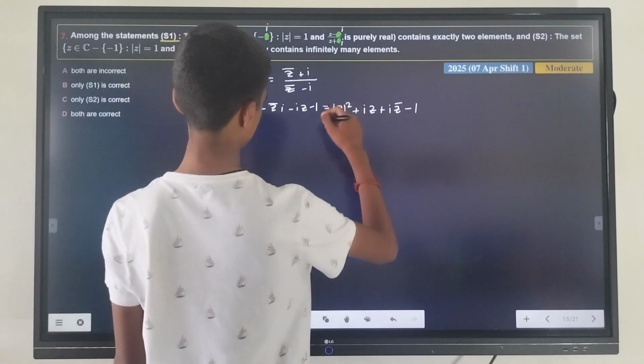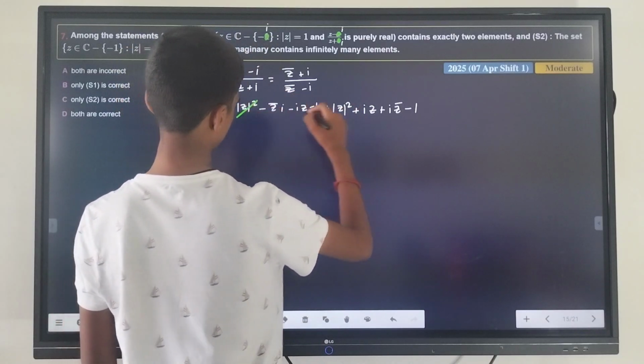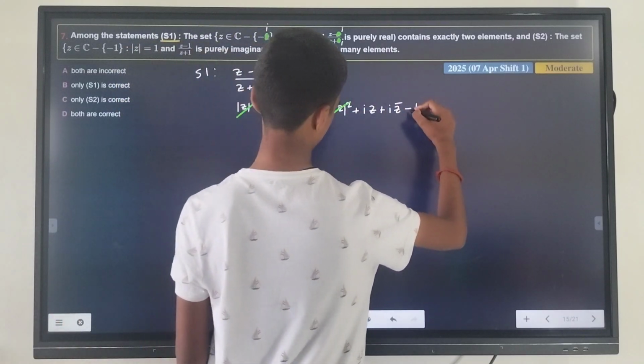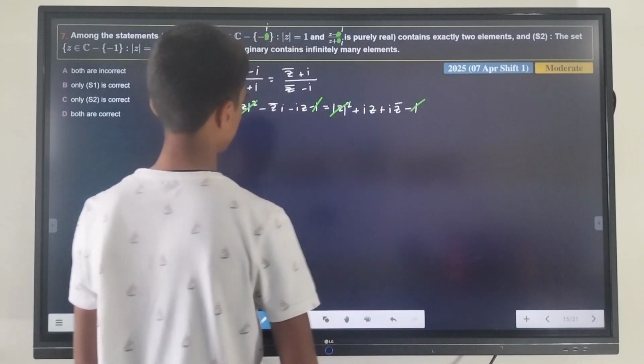So here these mod of z square and minus 1 will get cancelled.